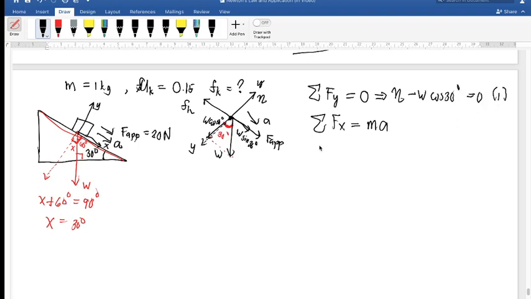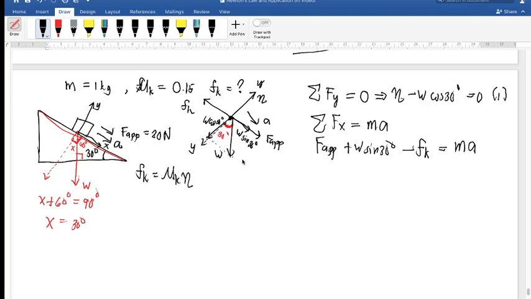And how about your summation of forces along x? So we have the applied force plus w sine of 30 degrees. Okay, they are in the same direction, to the right. Then we have the friction as minus Fk, which is equal to mass times acceleration. Here, our Fk is actually equal to mu k times n.